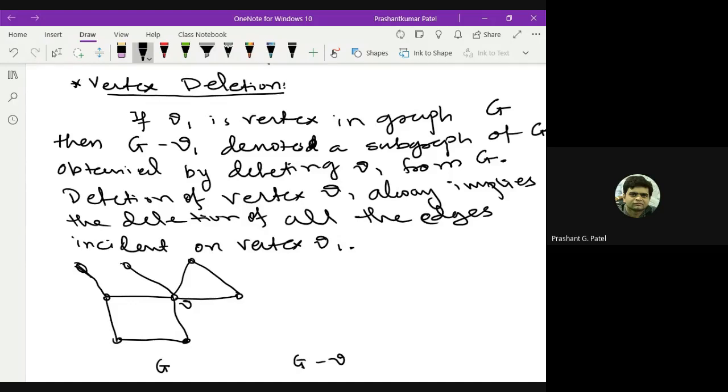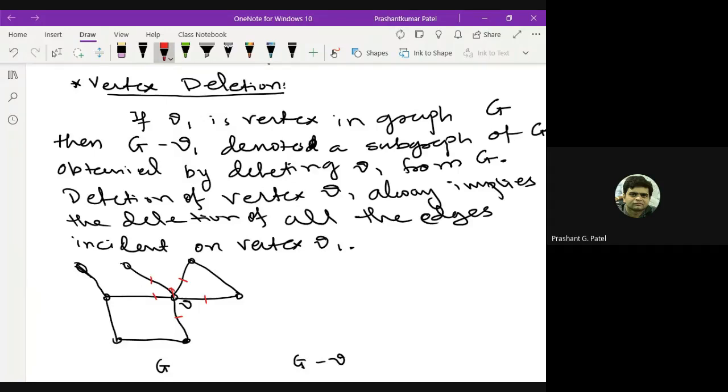As per this, the vertex deletion means that you have to delete all the edges which are incident to that vertex as well as the vertex itself. So I want to delete this vertex V1. Then this has to be removed, this has to be removed, this one is also removed, this one is also removed.